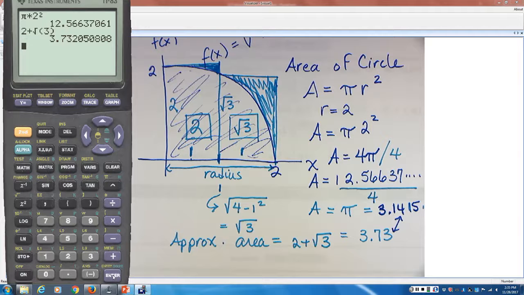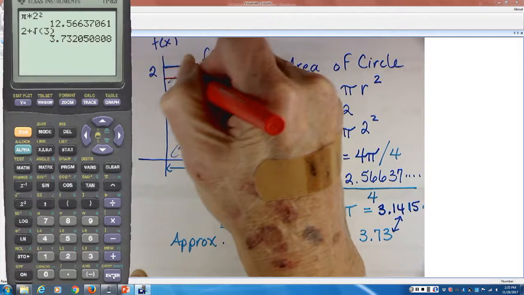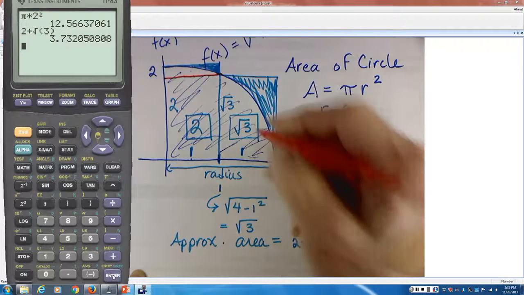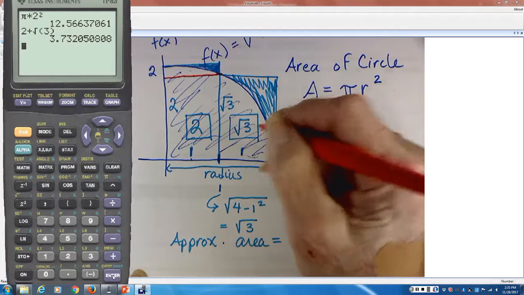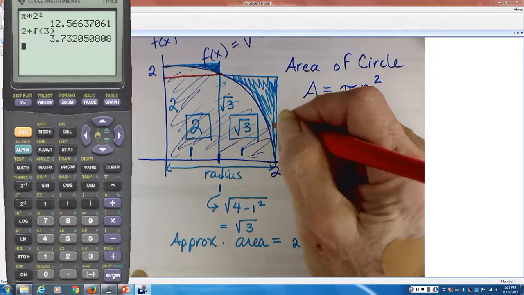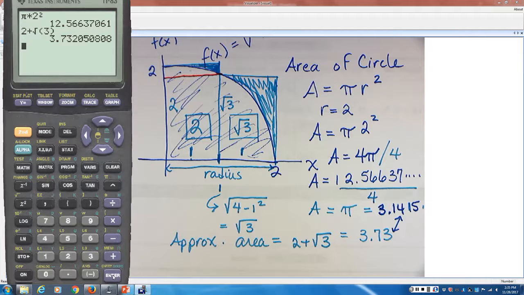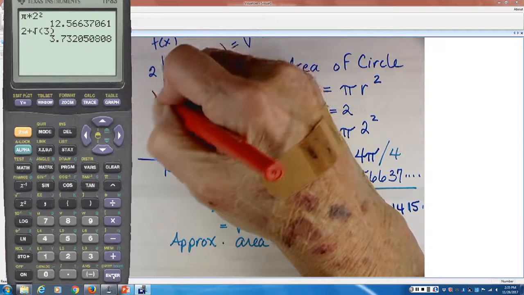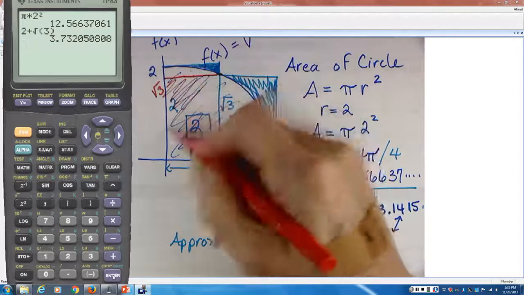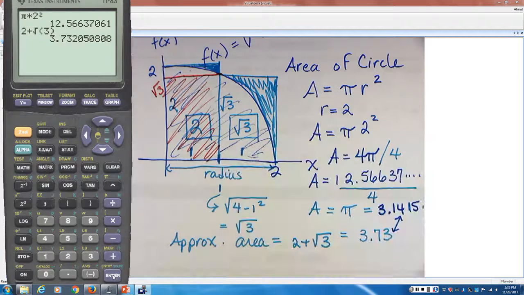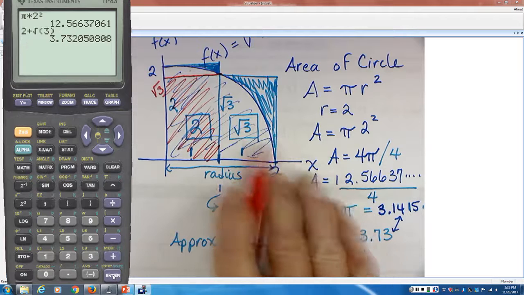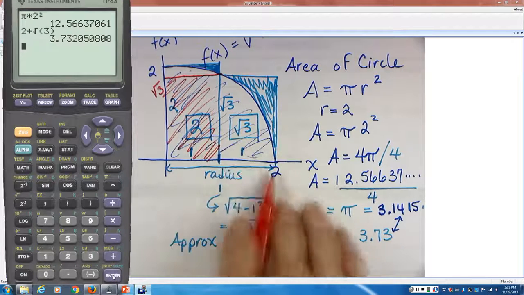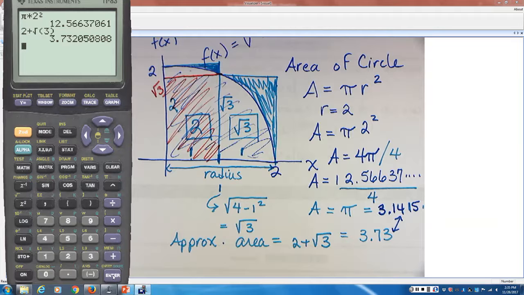Now the other method we could use is we could instead use what are called inside rectangles. And if you use inside rectangles, this is the square root of 3 tall. And unfortunately, we have no way to estimate that with a rectangle because we can't draw a rectangle inside this that even comes close to approximating that.